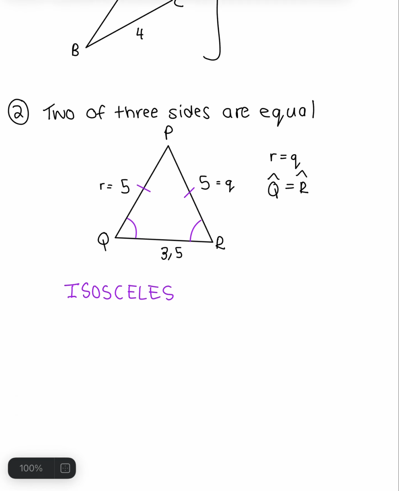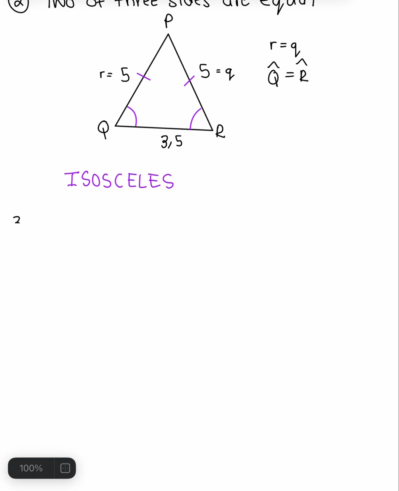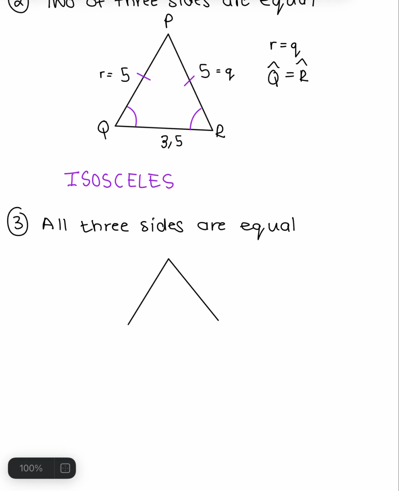And then naturally, our third classification is when all three sides are equal. Obviously my drawings are not to scale, they're just for indication.